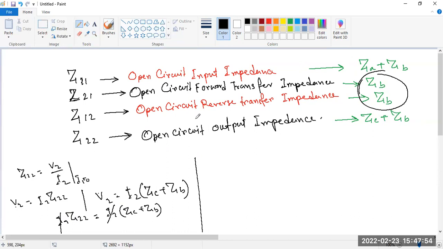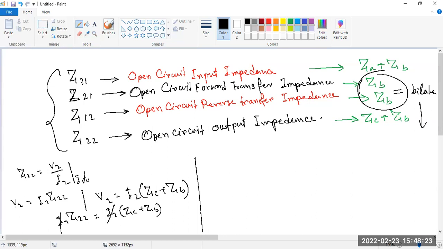So this is satisfying the reciprocity theorem, and this is the bilateral network. These are all the Z parameters of this circuit which was given.